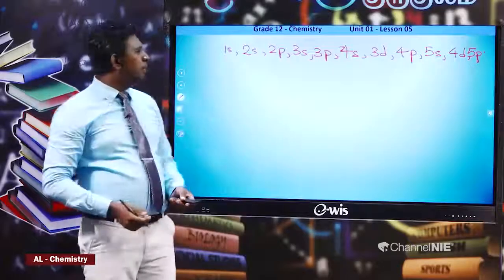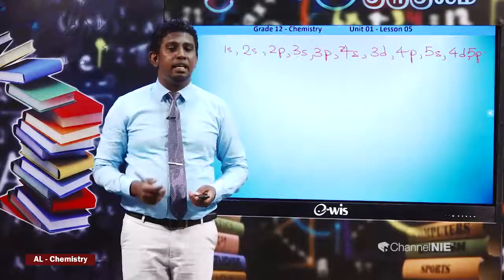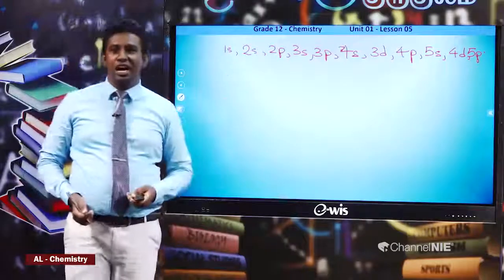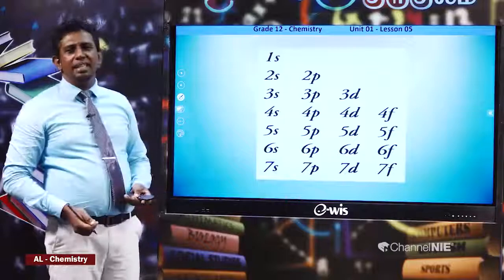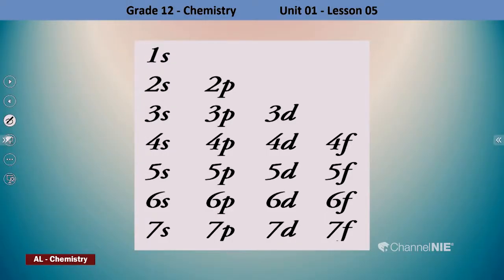Then you might wonder how we could obtain such an order of increasing energy of those subshells. Students, you could follow a method like this. You write all the subshells that belong to each particular shell. This is your first shell, this is the second shell, and this is third, fourth, fifth, sixth, seventh.